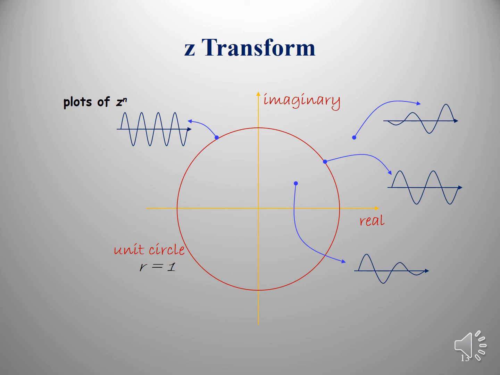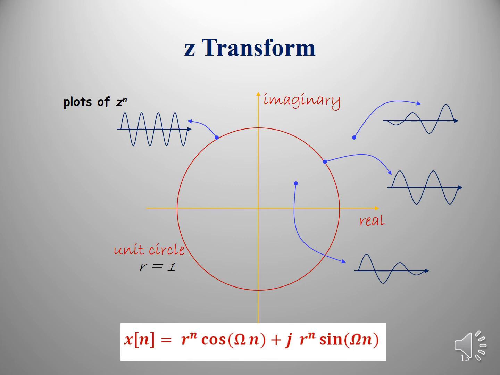Similarly, a point outside the unit circle, as shown here, would look like a rising damped signal. Thus, various points can be imagined at various points on the unit circle, and the resulting signal could be generated by substituting in the expression of z is equal to r power n cos.